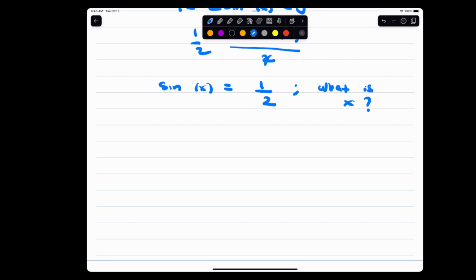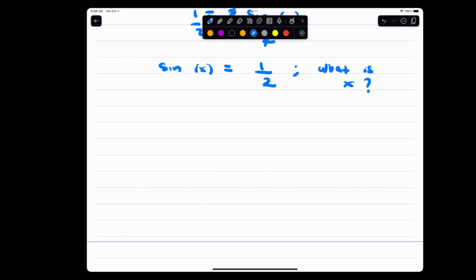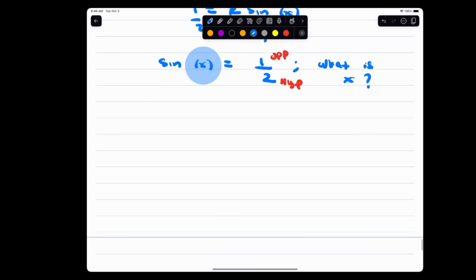What's the definition of sine? Isn't this opposite over hypotenuse? You guys remember that? So you're going to draw a triangle here. You have your angle x. What's the opposite side? 1. What's the hypotenuse? 2. So the question is, what special triangle is this?